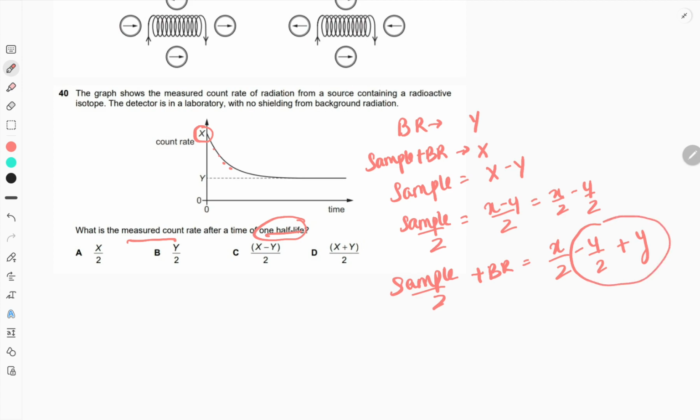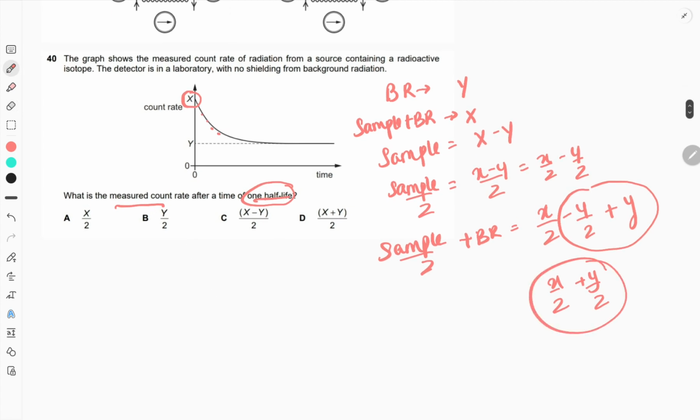y plus minus y by 2, or y minus y by 2 gives you plus y by 2. It's like you're taking 1 and subtracting half from it, so you get half. Okay, so this is the final count rate that it is going to measure, or you can write this as x plus y by 2. So your answer has to be D. Okay, this cannot be the case because there is background radiation.